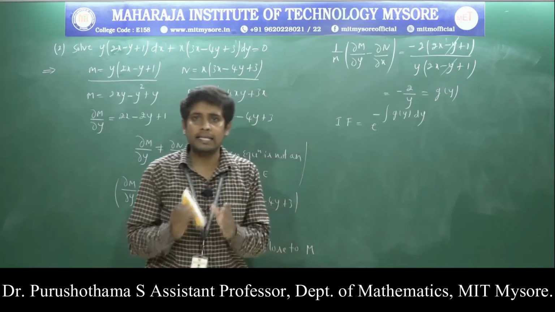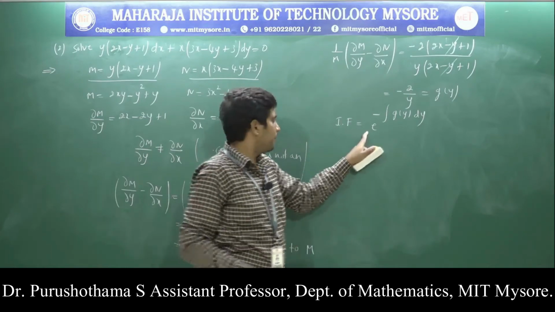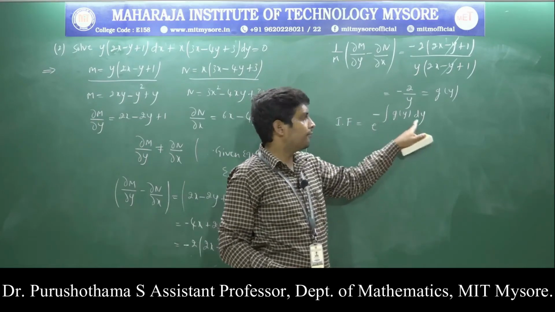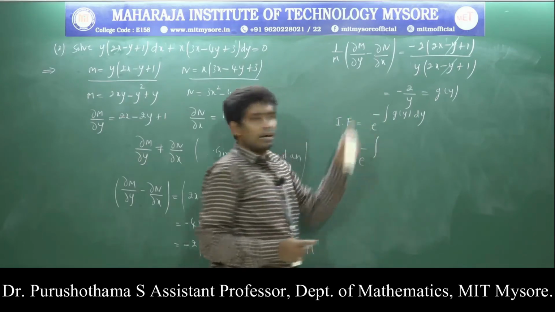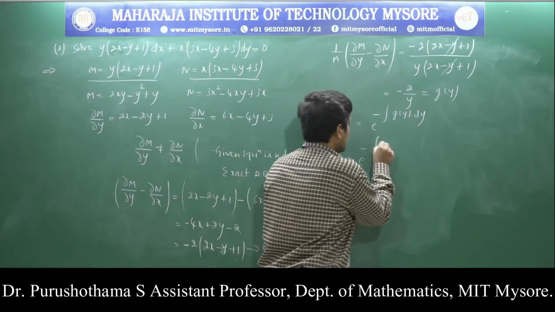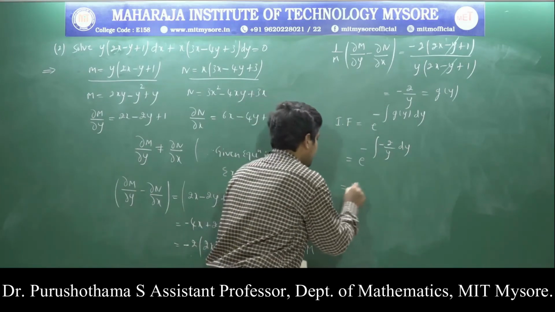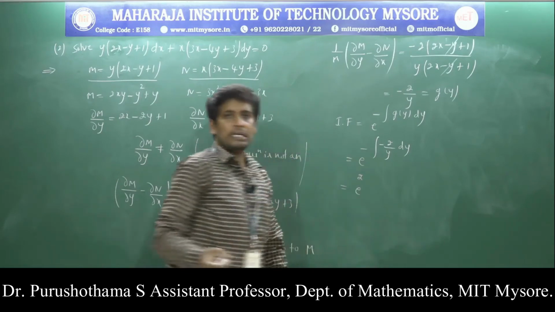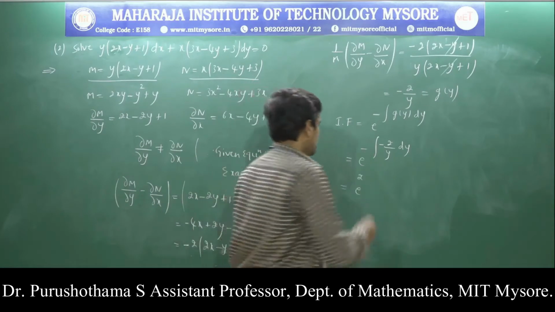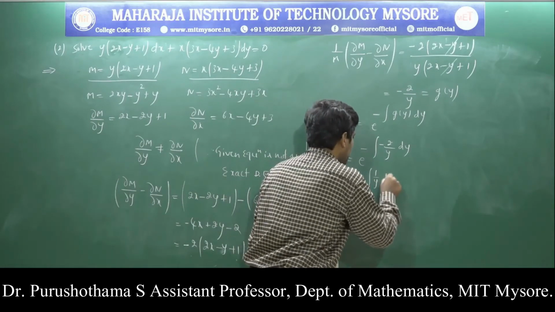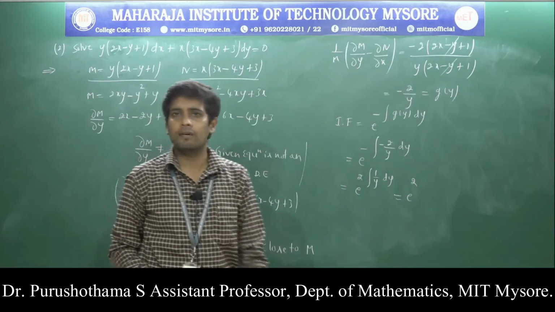For this problem, the integrating factor, IF, is equal to e power minus of g of y into dy, where g of y is equal to minus 2 by y with respect to y. This is the same as e power 2, since 2 is a constant taken outside of the integral, and minus of minus is plus, integral of 1 by y into dy, or e power 2 times the integration of 1 by y.